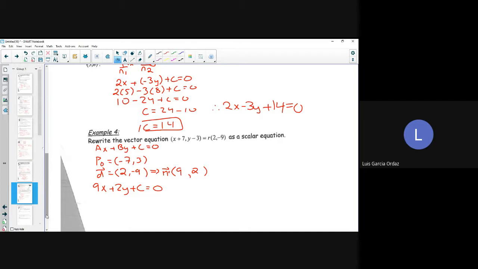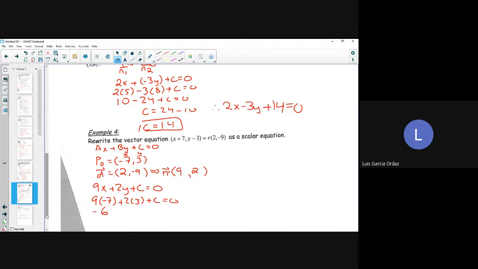What points am I going to use to help me get my scalar equation? -7 and 3. I'm going to sub in -7 for x and 3 for y. So I get 9 times -7 plus 2 times 3 plus c is equal to 0.